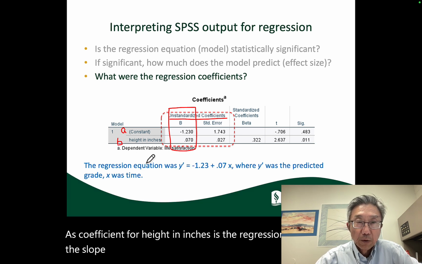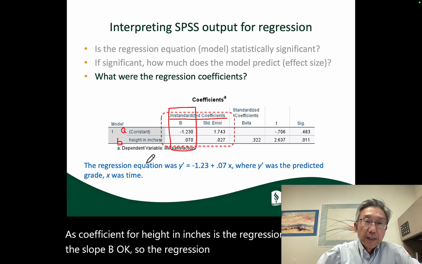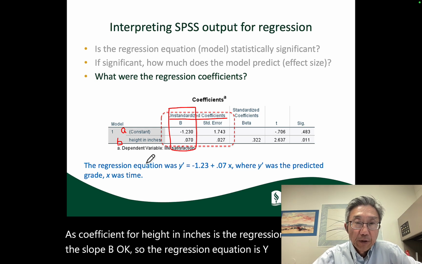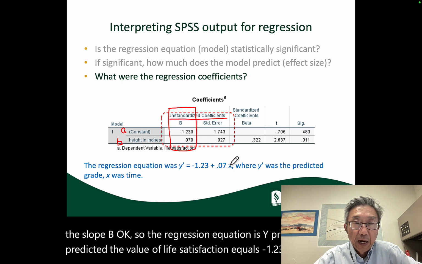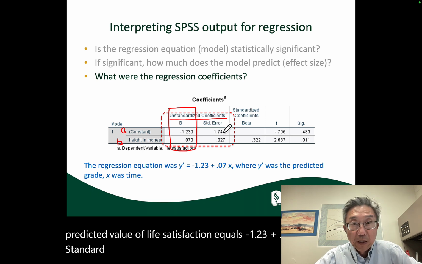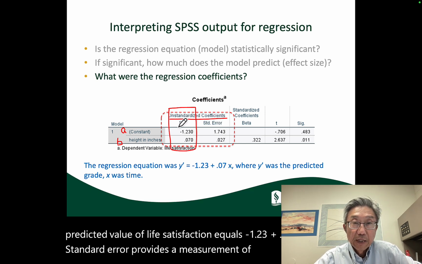Okay, so the regression equation is y prime, the predicted value of life satisfaction, equals negative 1.23 plus 0.07 times x. Standard error provides a measurement of how accurate these point estimates really are.